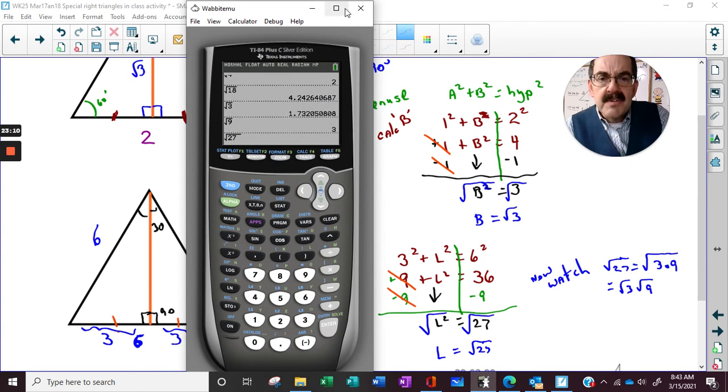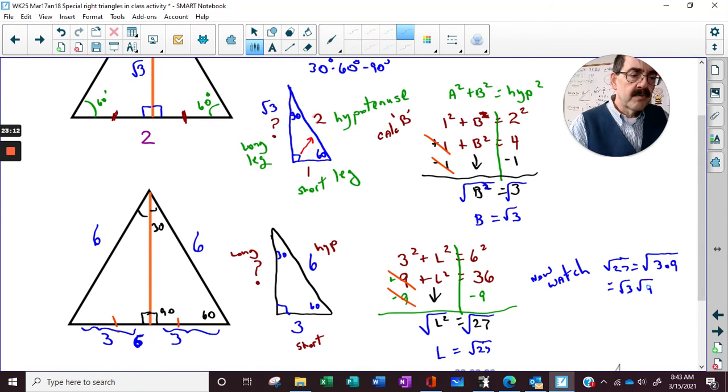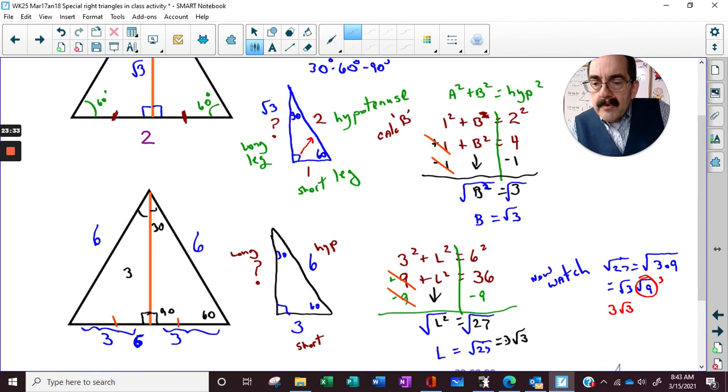Square root of 9 was 3. Boom. So in other words, this is nothing more than a 3. So square root of 27 is 3 radical 3. 3 square roots of 3. 3 times radical 3. Write it. 3 radical 3.